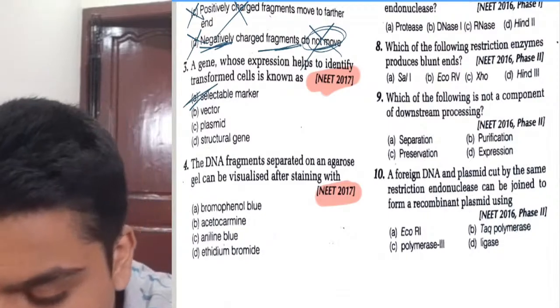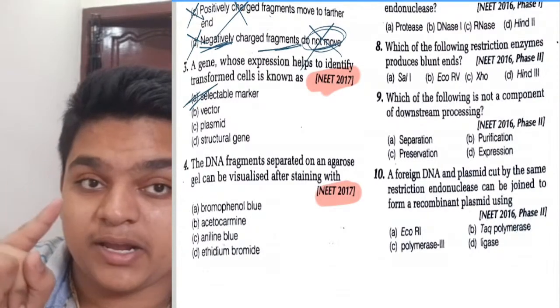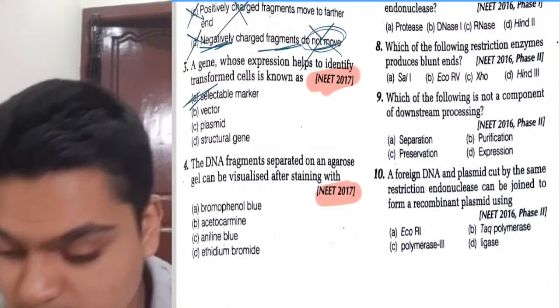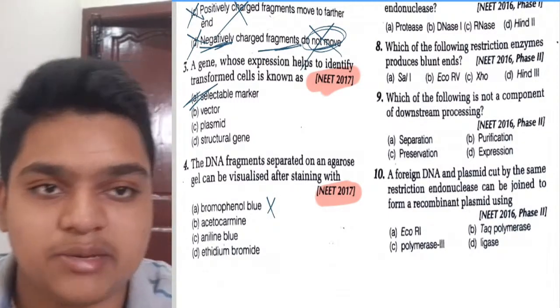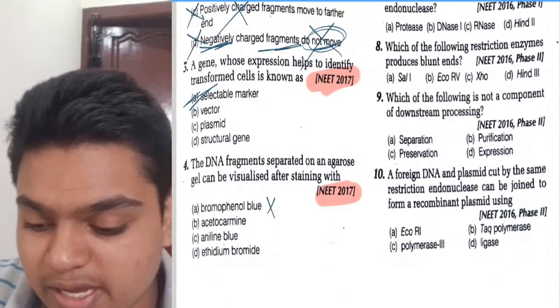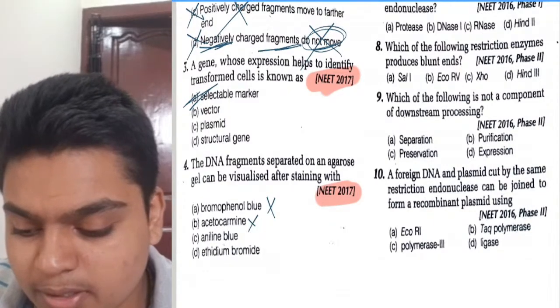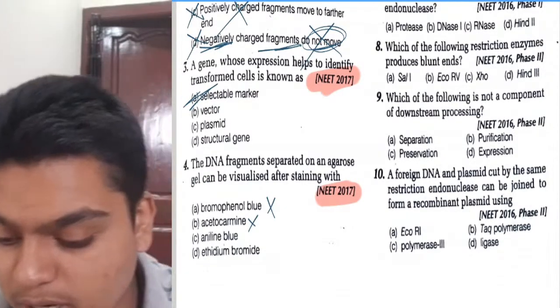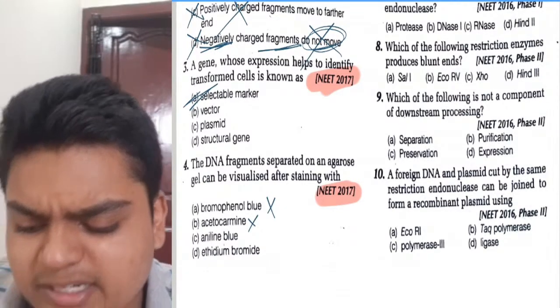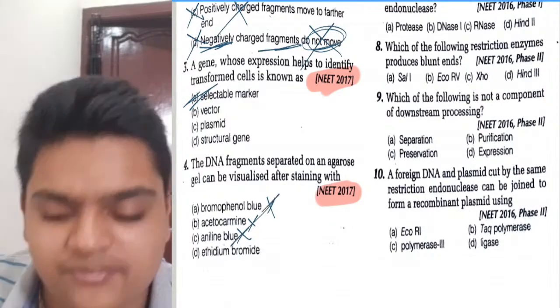Now see, you can clearly apply the elimination method. Bromophenol blue, no, we haven't ever heard about that name in biology. Next one, acetocarmine, no. Acetocarmine and aniline blue, these three we haven't ever heard about.